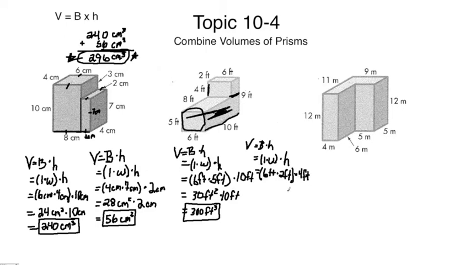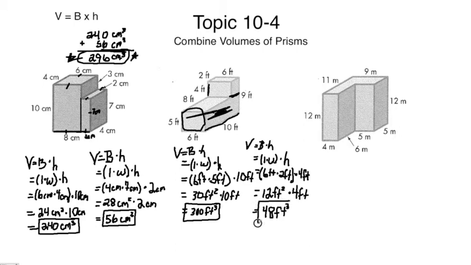And now I'm going to chug. 6 times 2 is 12. A foot times a foot is a foot squared. And we're going to multiply it by 4 feet. 12 times 4 is 48. A foot squared times a foot is feet cubed.